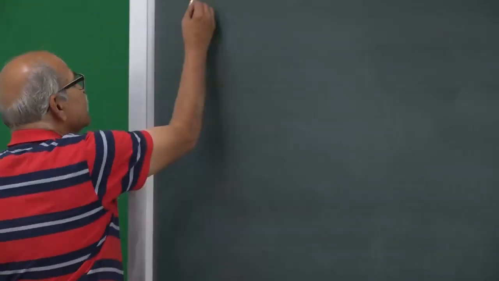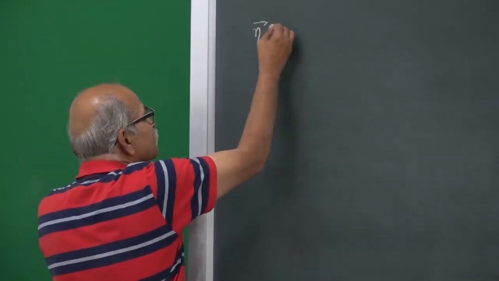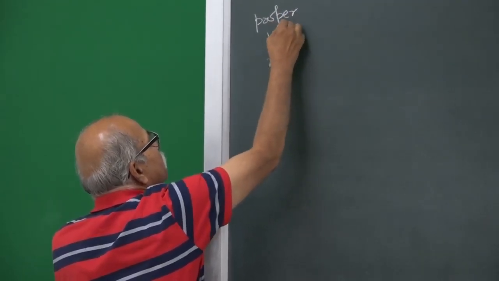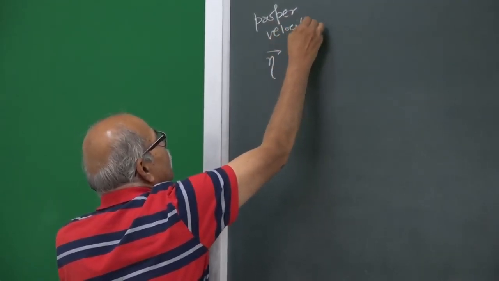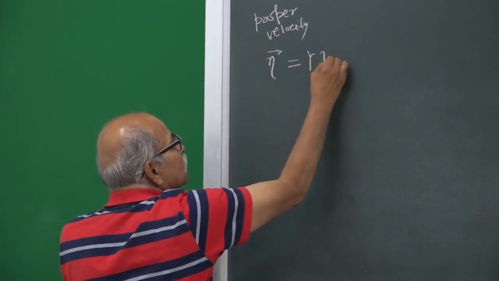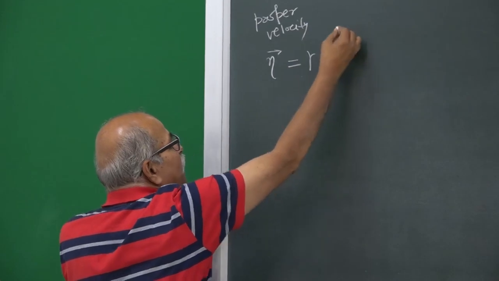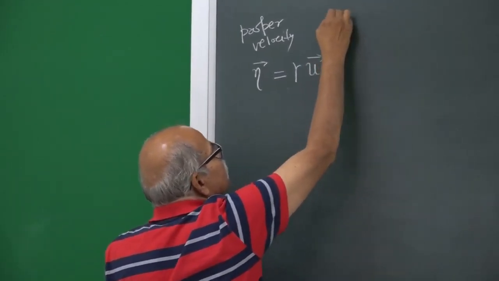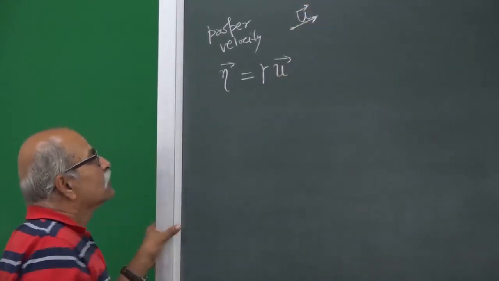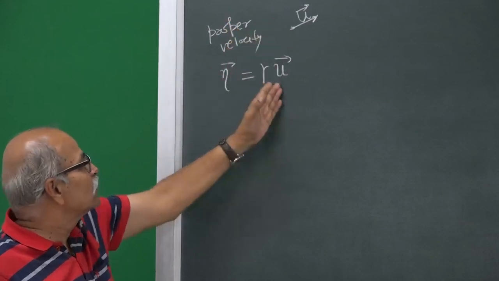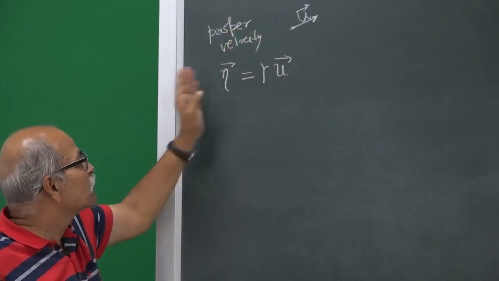We defined eta, which is called proper velocity, as gamma times the ordinary velocity. So, if a particle is moving in some frame S with a velocity u, then corresponding to this velocity we define this quantity eta and we call it proper velocity.